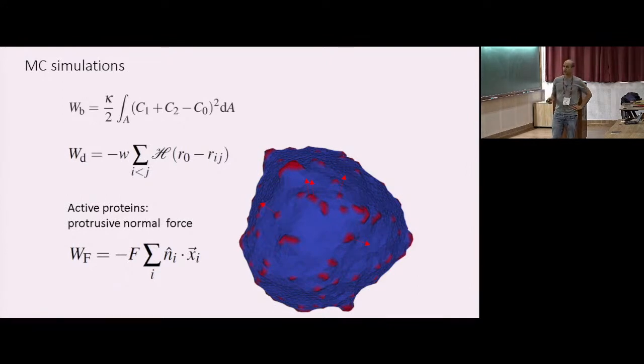So what we did is the following energy term. If it's represented schematically by these arrows, what it essentially means is that if you have a point on which the force is exerted, which is only the places where you have these proteins, and you displace this node in the local outwards normal direction, so this dot product is positive, then you lower the energy by an amount determined by this prefactor minus F. F is in units of force, and this is units of distance, so together it gives you the work done by this force in moving this point in the direction of the force.